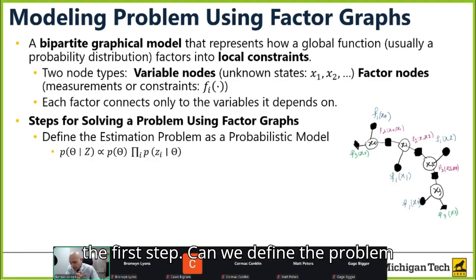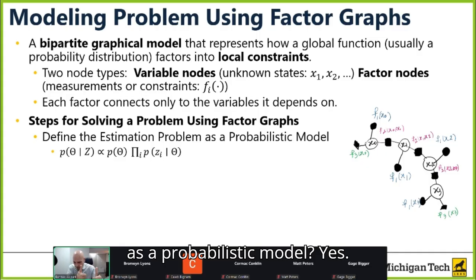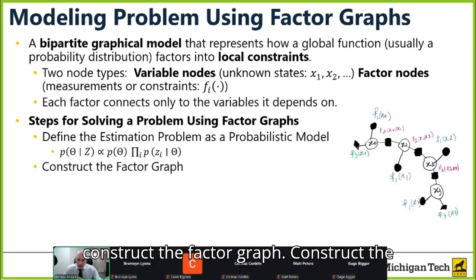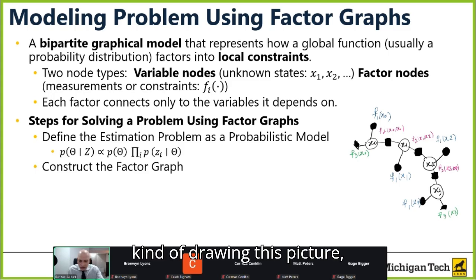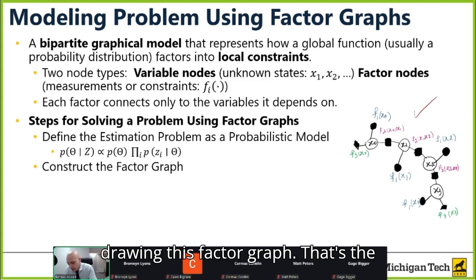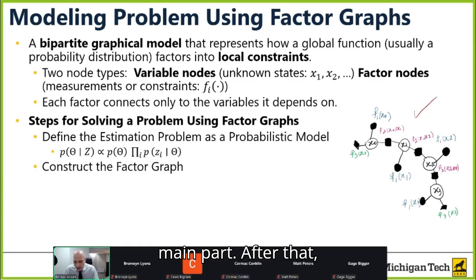Can we define the problem as a probabilistic model? Yes. If we do that, the next step is to construct the factor graph. Constructing the factor graph means specifying what is unknown and what is known, kind of drawing this picture, drawing this factor graph. That's the main part.